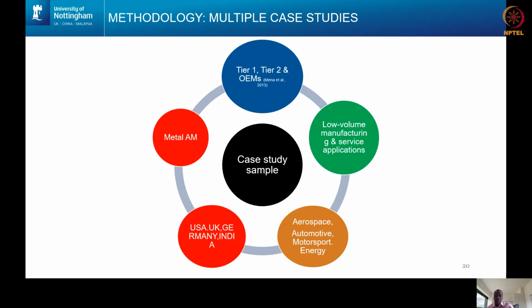We looked across the supply chain, so tier ones, tier twos, and original equipment manufacturers. We also talked to various research and development organizations at the forefront of innovations with additive manufacturing. So this research framework generated a lot of data for us to analyze to understand the dynamics and the operation of the metal additive manufacturing supply chain.